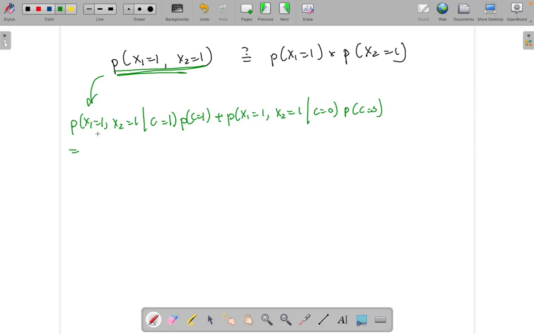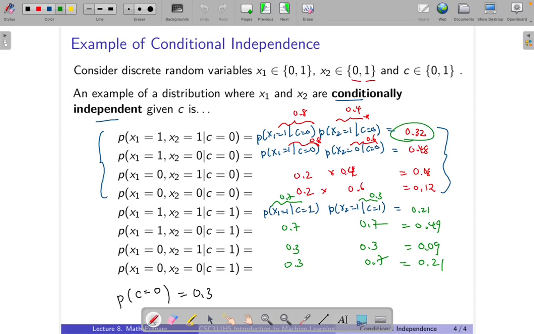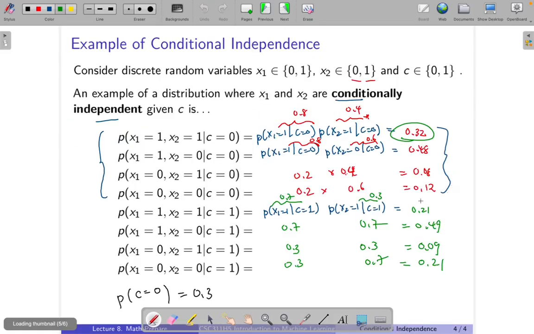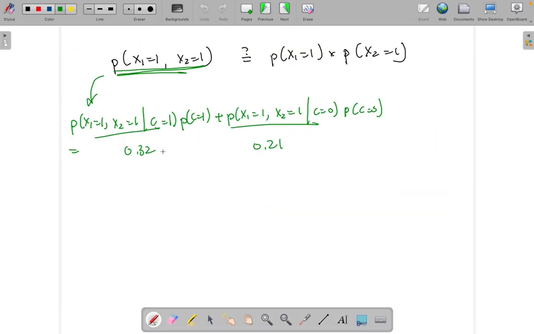And this number from the previous page, I believe, was 0.32. And this term was 0.21, right here, times the probability that C is equal to 1 and C equals 0. And this is going to give me some value here. I think it's 0.243.